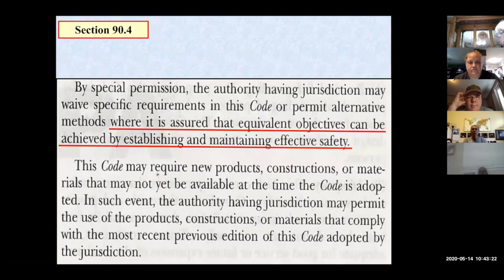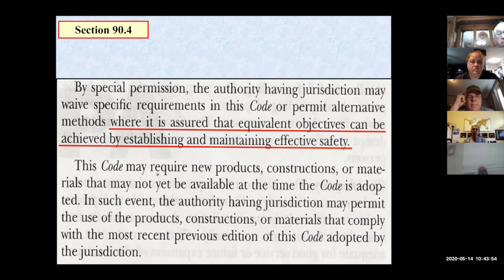Special permission. The authority having jurisdiction may waive special requirements in this code or permit alternative methods. But here's the key: where it is assured that equivalent objectives can be achieved by establishing and maintaining effective safety. This does not mean that just because somebody has a wild idea that something needs to be done, it's going to be okay. Can you assure that this is equivalent to what the code says?